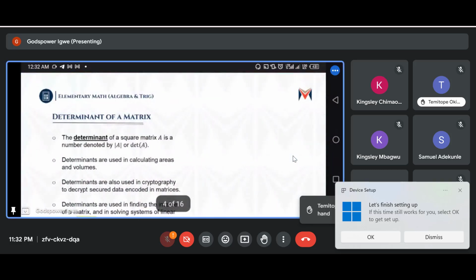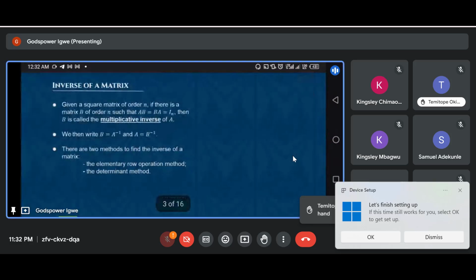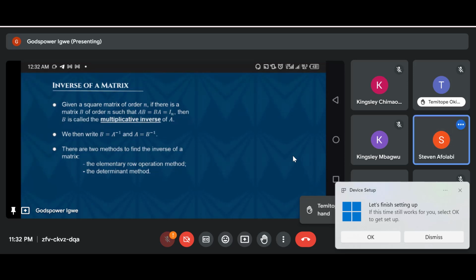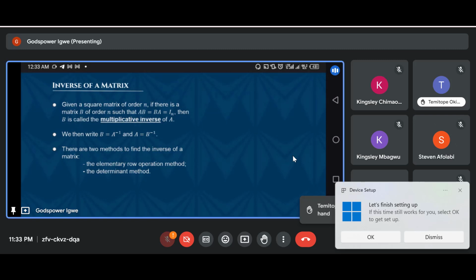Multiplication of the inverse of the matrix. The inverse of a matrix is 1 over the determinant times the adjoint.